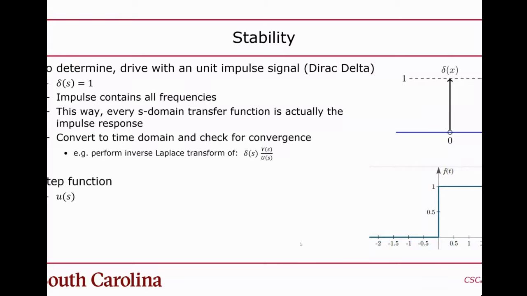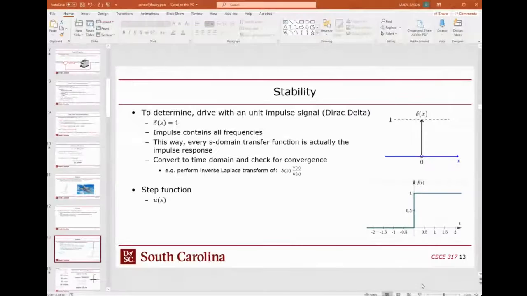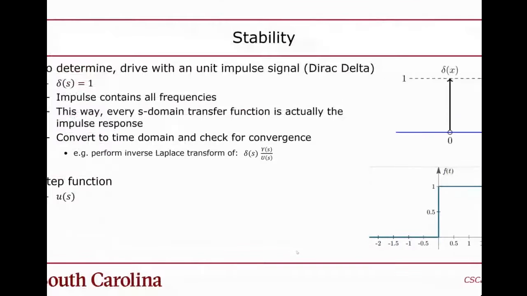So it's basically just one. Now I haven't mentioned this yet, and I'm going to talk about this in a minute, but when you have a transfer function and you want to plug an input into it, you basically just multiply. You multiply the two transfer functions together, and this is why we do it in the S domain. But if the delta is 1 and you're multiplying it against a function, then you're just multiplying it by 1, right?